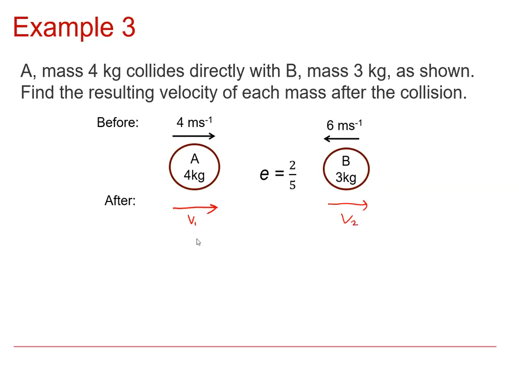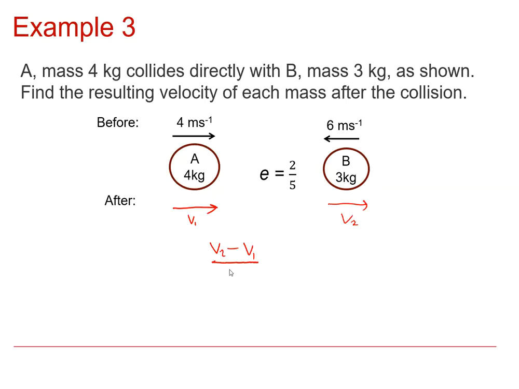So from Newton's law of restitution, we can say this: the speed of separation, which will be v2 minus v1, you might want to convince yourself that that will have to be a positive number, because if they're separating, then that has to be greater in that direction than that one.